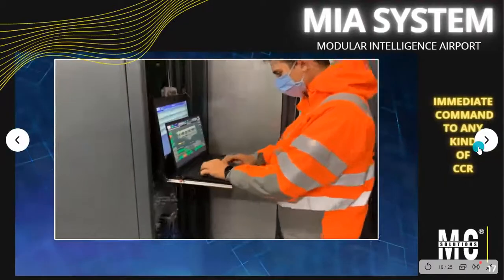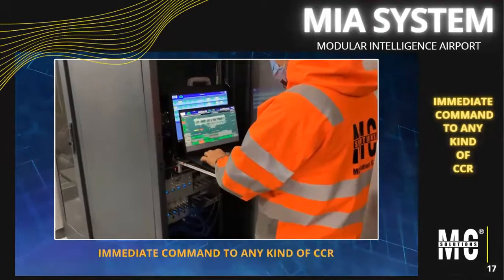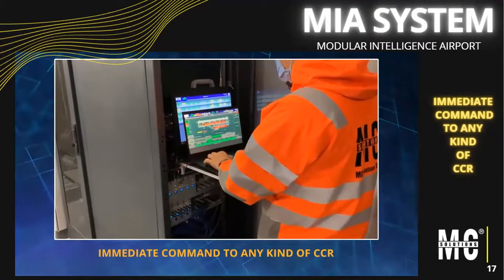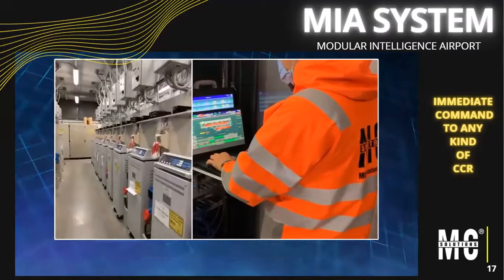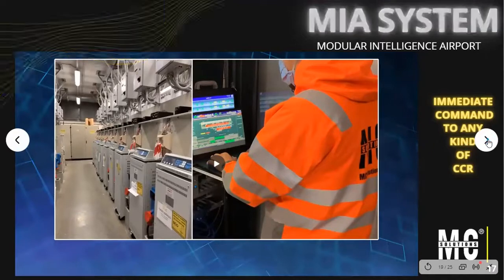This is how we manage and command the CCR in the substation. You have seen the color switching in the layout of the screen of the monitor of our PC, and immediately the CCR have been switched on.